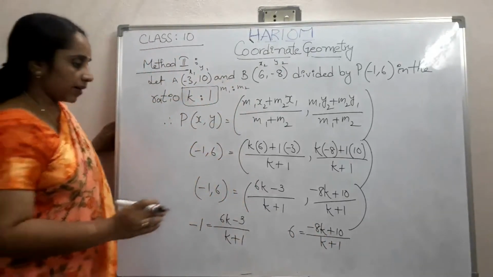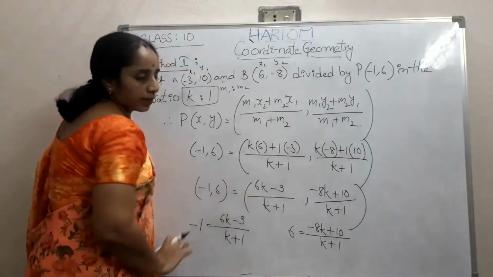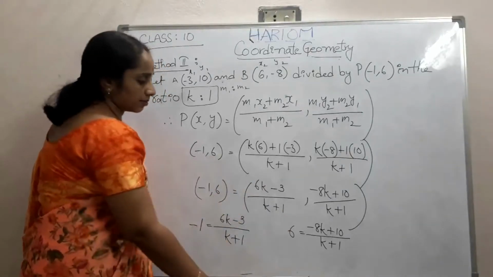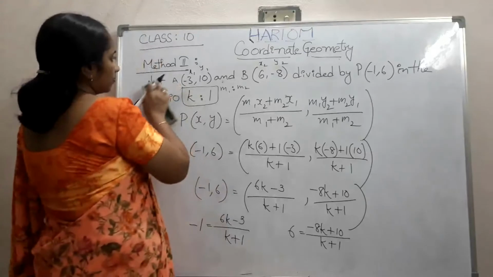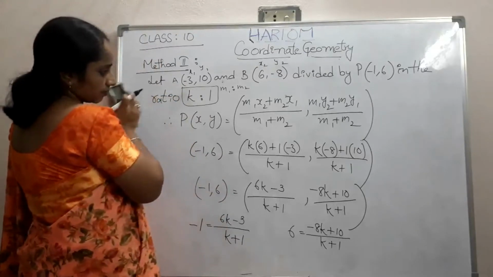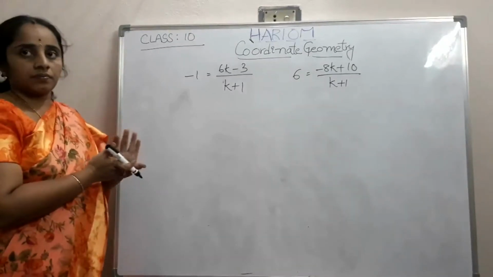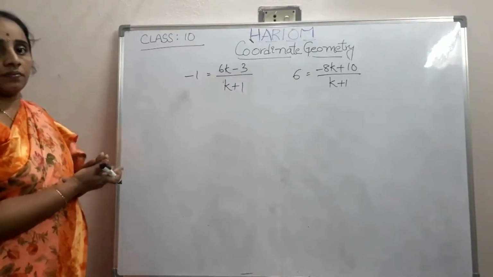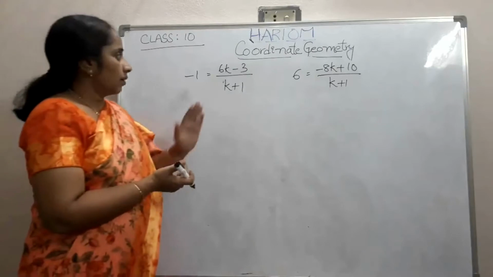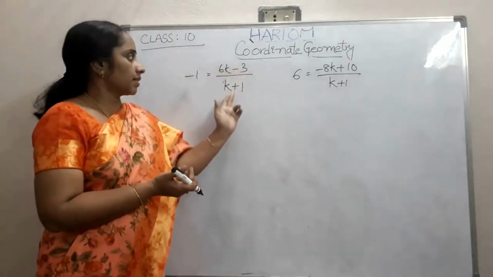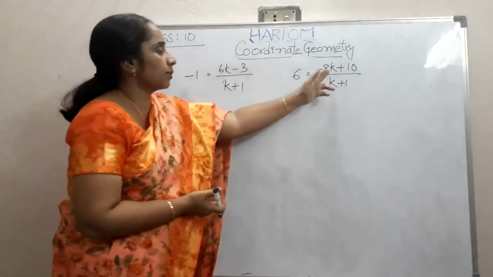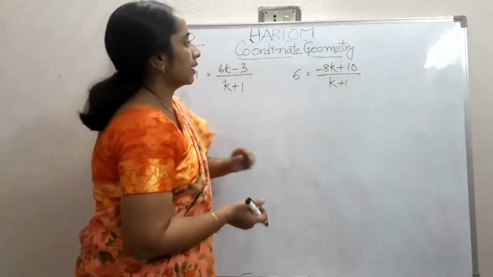So we can simplify either x or y. Any one is enough. -1 equal to (6k - 3) by (k + 1). 6 equal to (-8k + 10) by (k + 1).